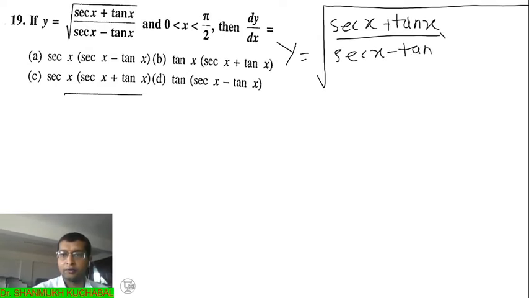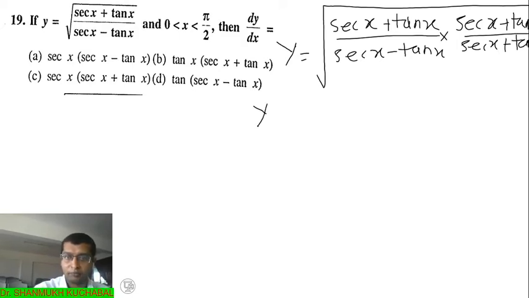We have to multiply by the denominator's conjugate, that is sec x plus tan x divided by sec x plus tan x. Okay, then we have to simplify this.